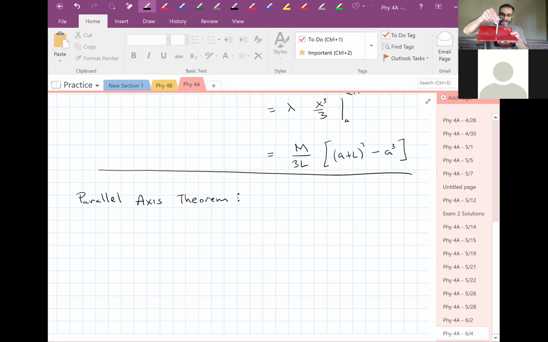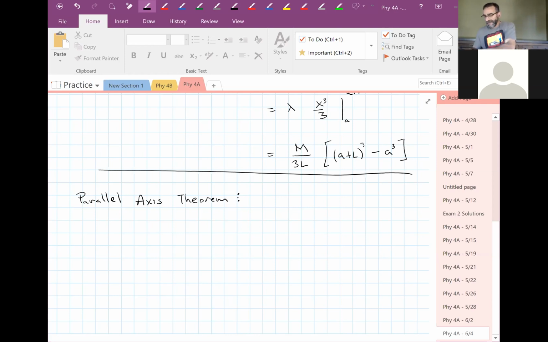So parallel means I can move my pen over to here, my axis of rotation over here, and I could find the rotational inertia of this thing rotating about a point through the edge, like this, because this axis of rotation is parallel to the one through the center. It's a little hard for me to do this. They have to be parallel, these two axes.